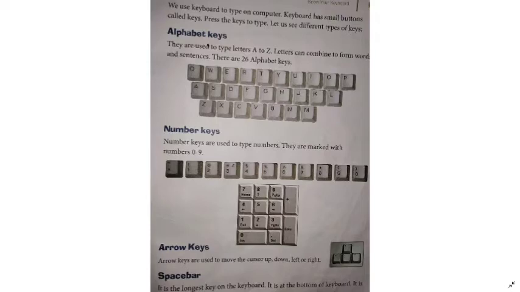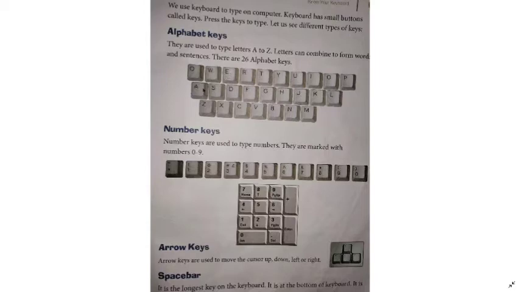The first one is alphabet keys. They are used to type letters A to Z. What are alphabet keys used for? They are used to type letters from A to Z. Letters can combine to form words and sentences.